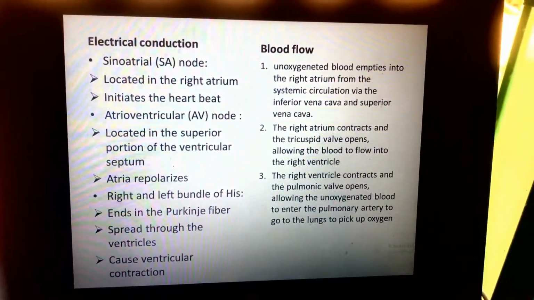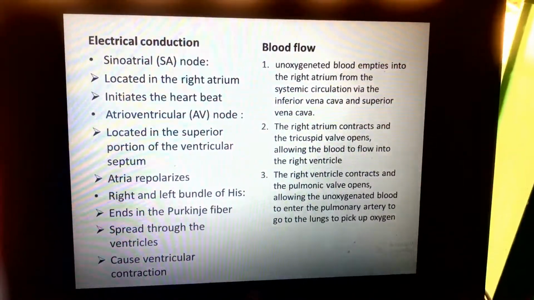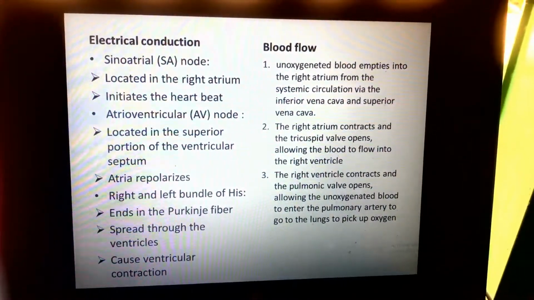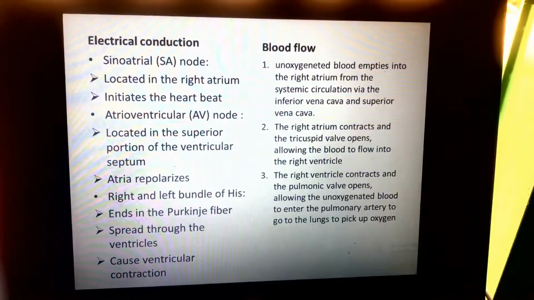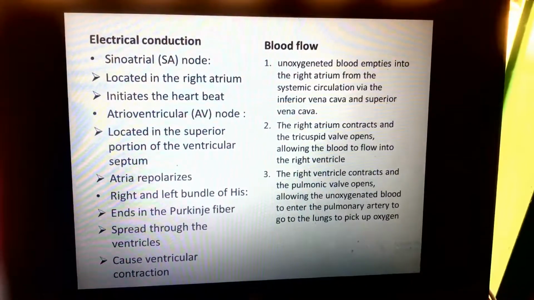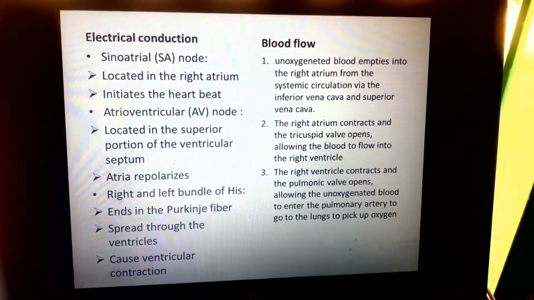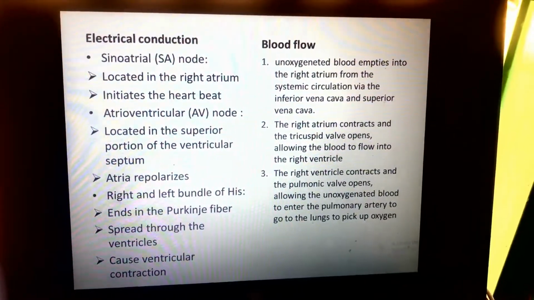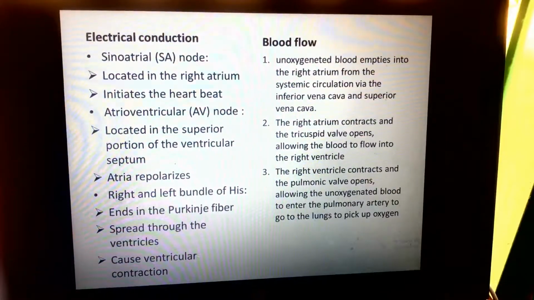How does blood flow? Unoxygenated blood empties into the right atrium from the systemic circulation via the inferior vena cava and superior vena cava. We know very well that the blood comes into the heart from the body, the system.